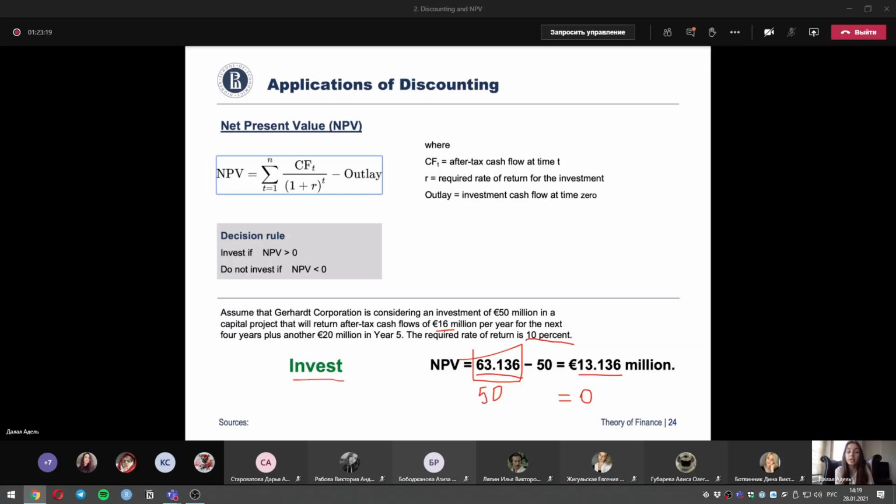That is the rate of return of our project, and it is called the internal rate of return. So the annual return from our project is 10%, exactly the same as our required rate of return. Here, as NPV is positive, it earns us more than 10%, and that is why we invest in this project and not somewhere else.